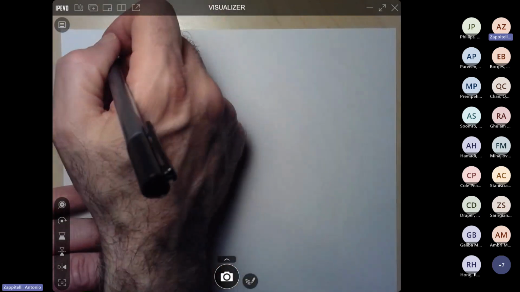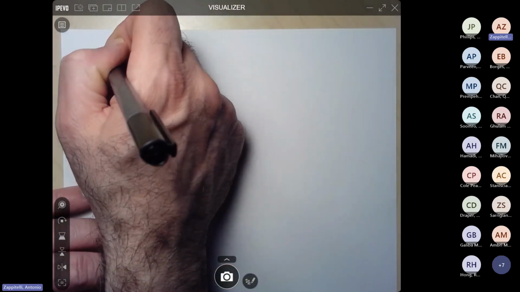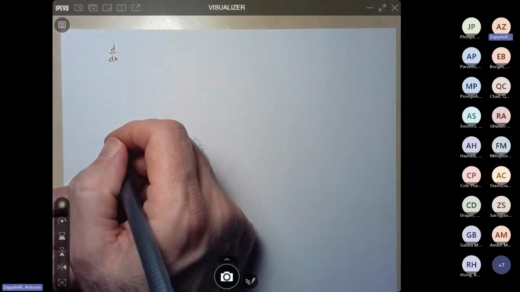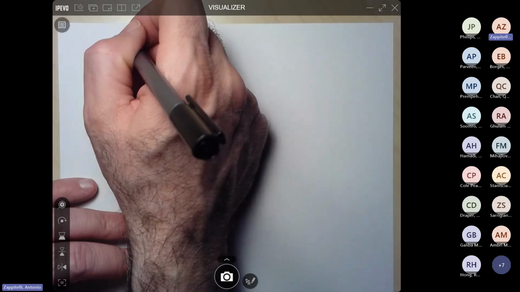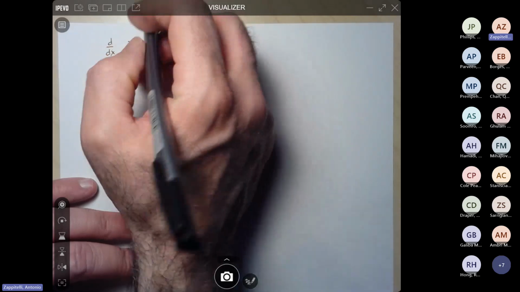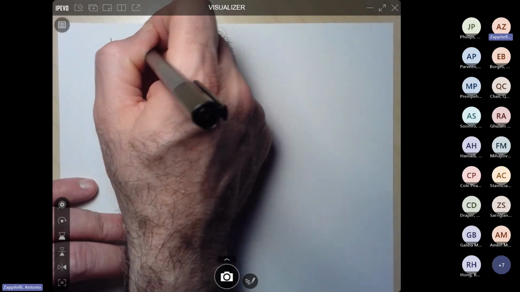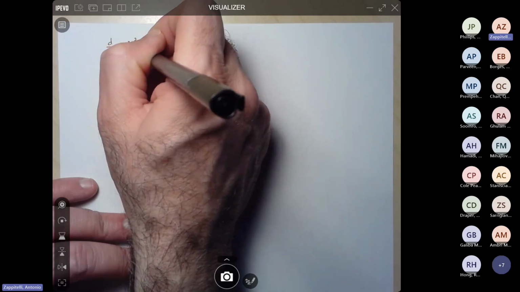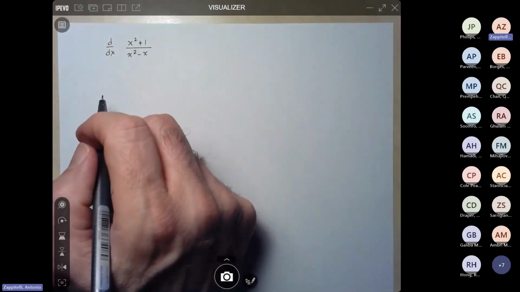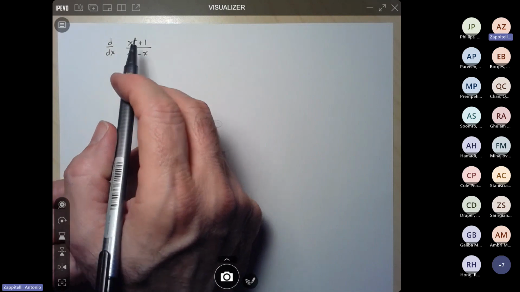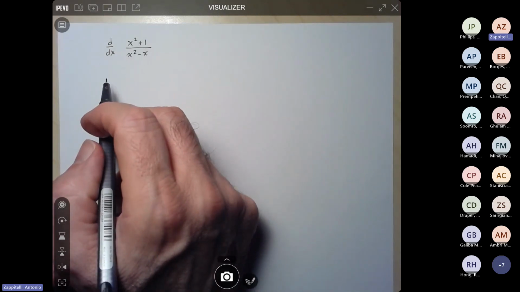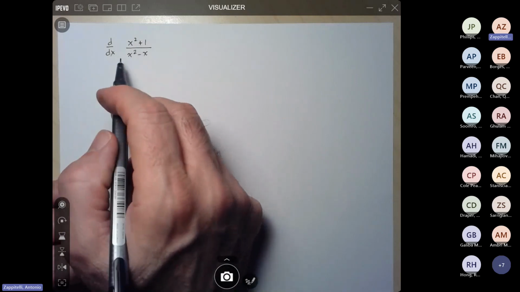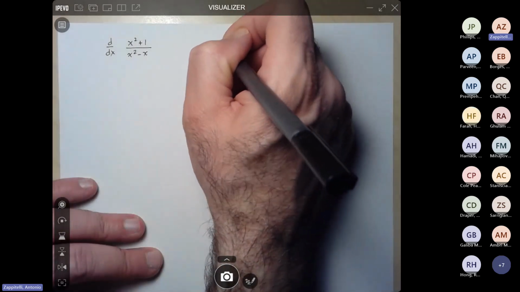You can now find the derivative of any rational function. Whereas in the past, you could only do it for very special rational functions, now you can find the derivative of x squared plus 1 over x squared minus x. This is not something you had the tools to do before, but now that we have the quotient rule, you can find this derivative.